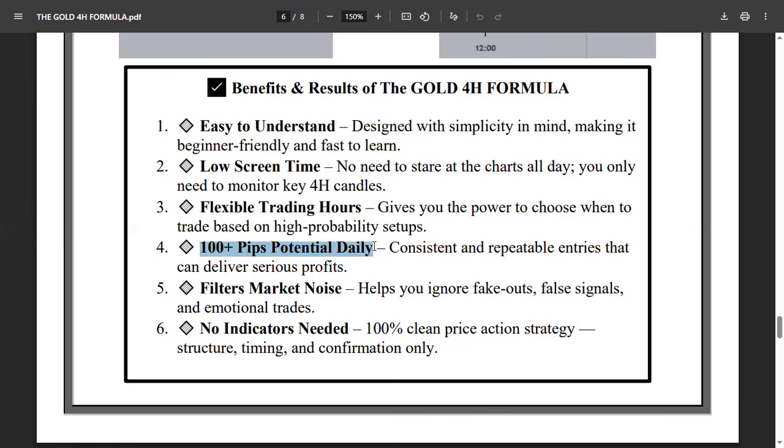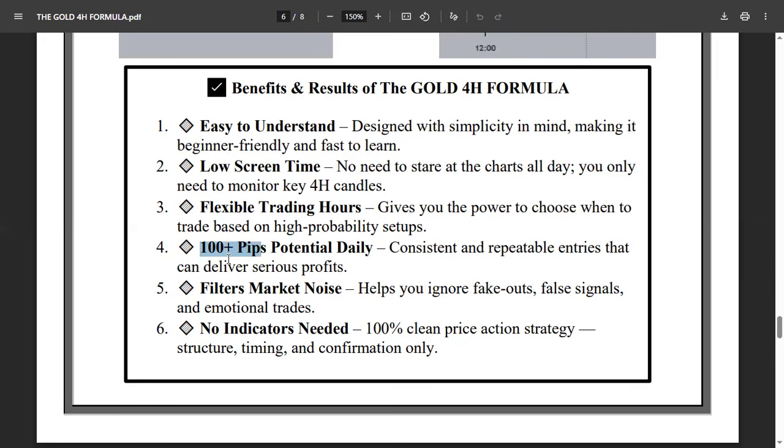And potential of profits, a 4-hour candle in gold can provide even more than 100 pips, which is very, very good. With most currency pairs, you can't get even 100 pips for a whole week.